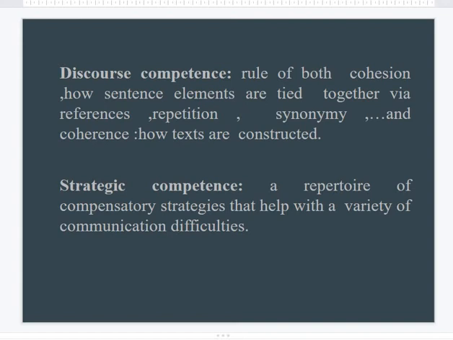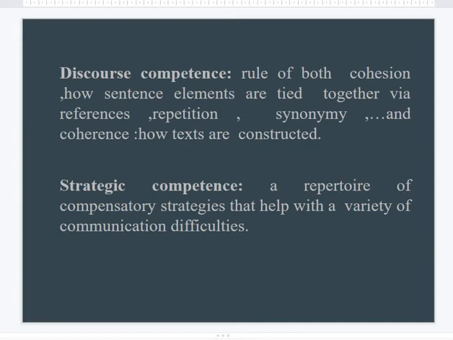Discourse competence includes the rules of both cohesion, which means how sentence elements are tied together via references, repetition, and synonyms, and coherence, which means how texts are constructed. So for gaining competency in communication, one must have discourse competency.